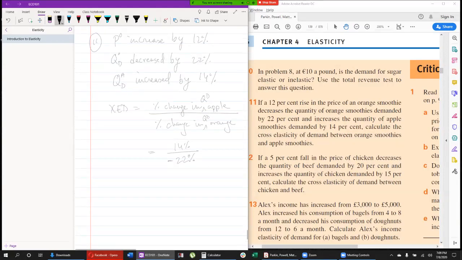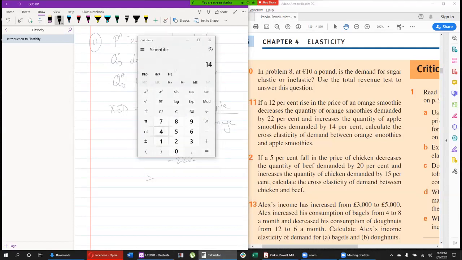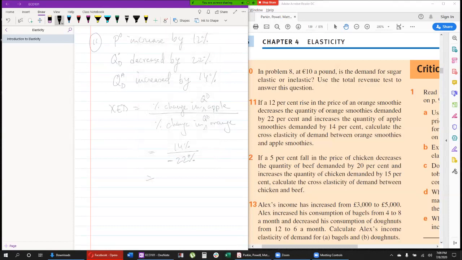Yep, that is it. And as a result, if I bring out the calculator again, 14 divided by 22 gives 0.64. And there's a minus, of course. So it's minus 0.64.